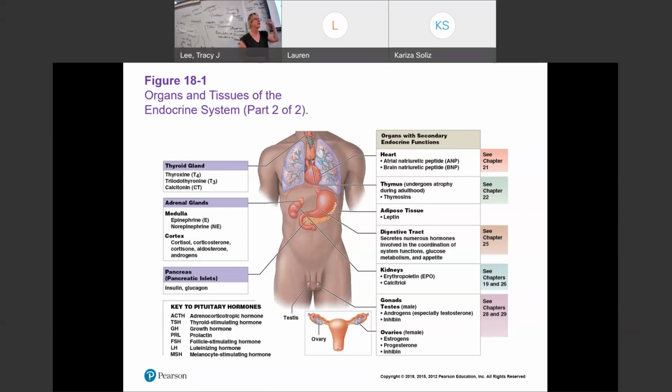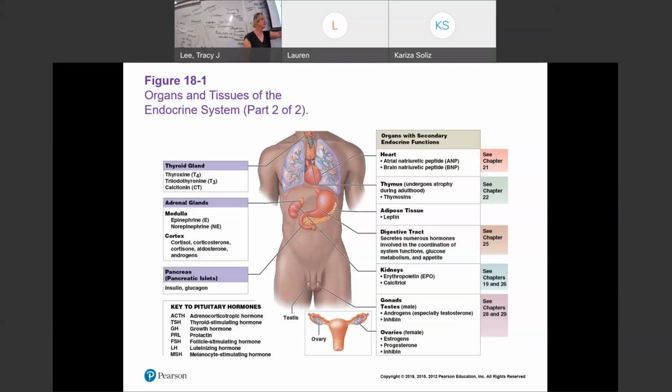Someone just told me that a test had a bunch of questions about the digestive system hormones. But these hormones are secreted within the digestive system and they signal back to the digestive system. So when food comes out of the stomach and dumps into the small intestine, we have chemoreceptors that say, oh my gosh, this has a lot of carbohydrates in it. And then it'll tell the pancreas, hey, we need you to secrete enzymes that are going to help break down carbohydrates.